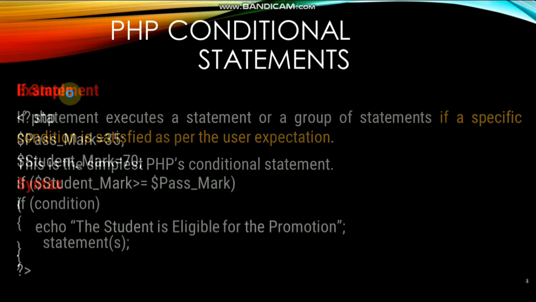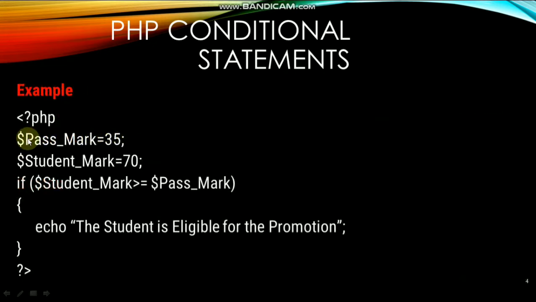Now let us see an example for this. Here I am passing a value to the variable pass mark, which is equal to 35, and the student mark is equal to 70. If you see this part alone, this is your syntax. Within brackets this is the condition I am checking.